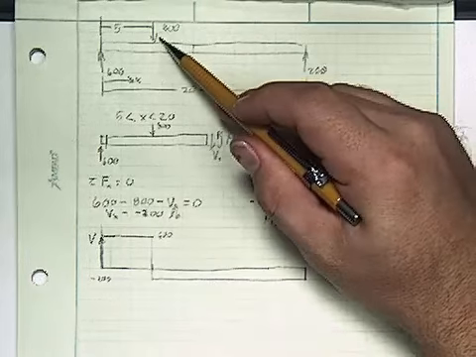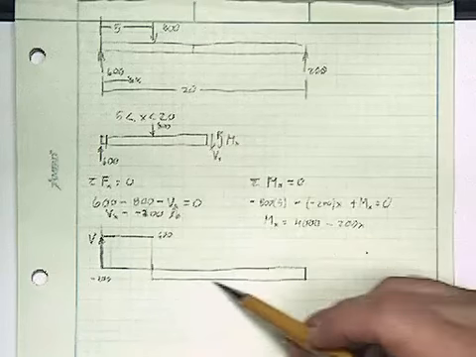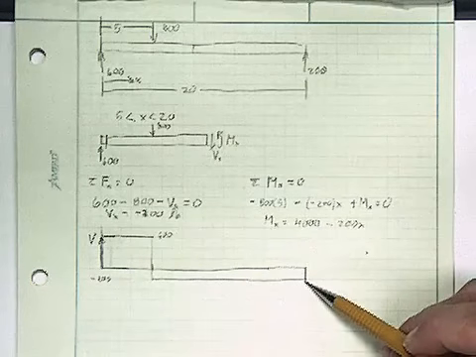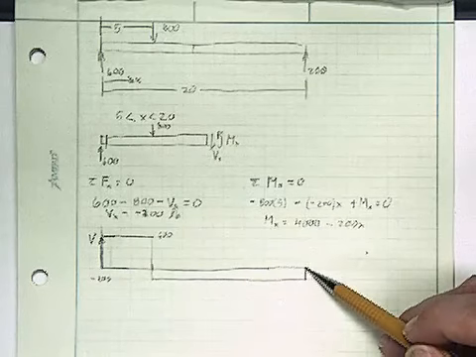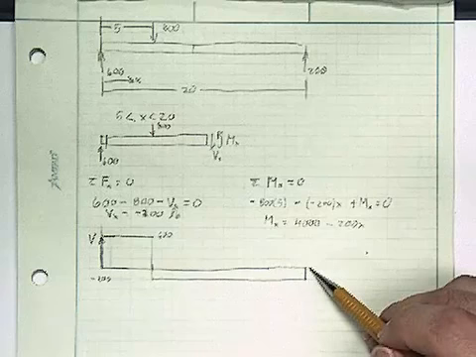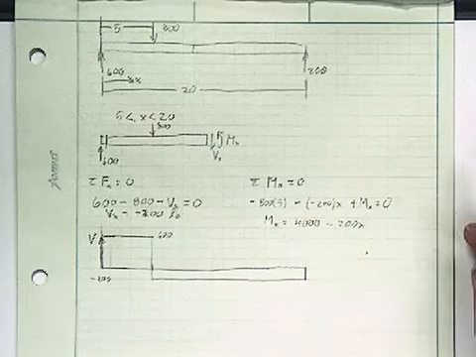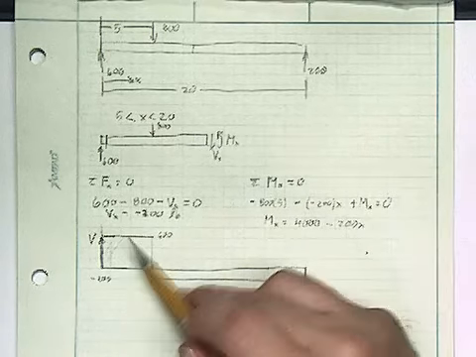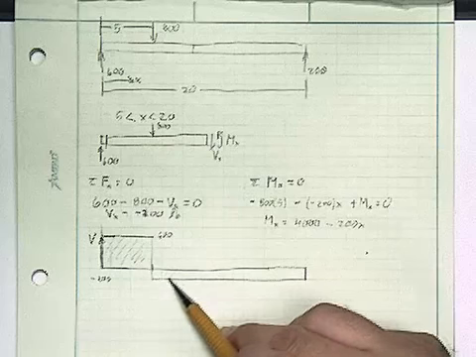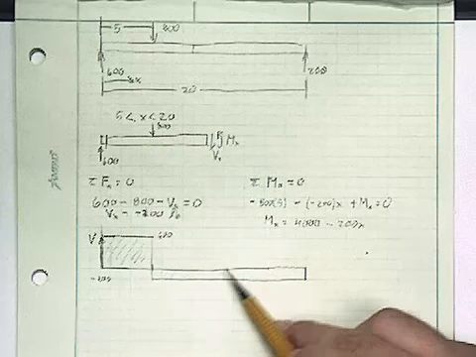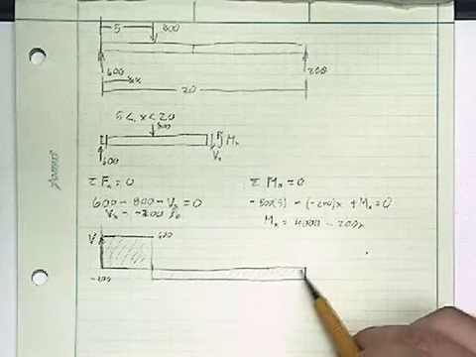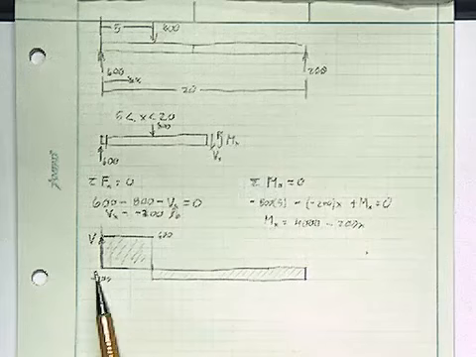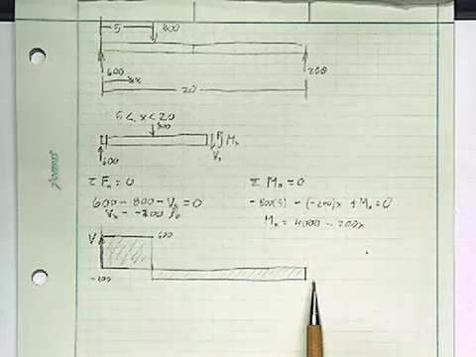That's the 800 pounds that's actually applied all the way to the end, and then at the end I'm going to go back up 200 pounds, back to 0, and there's no internal stresses once I'm outside the beam again. Okay, so this is a good description of the shear forces that are happening inside the beam from 0 to 20 inches.